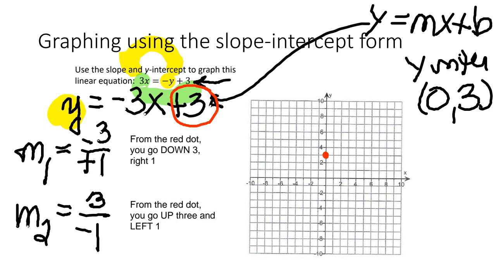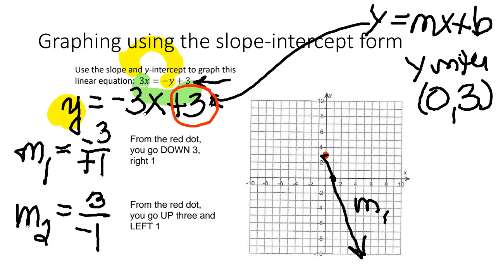Okay, so let's do the first one. From the red dot, I am going to go down 3. 1, 2, 3. Right 1. That means right there. This is the direction of slope 1.